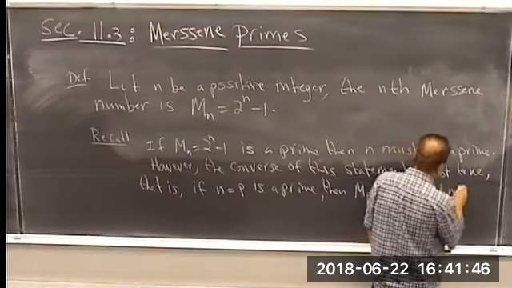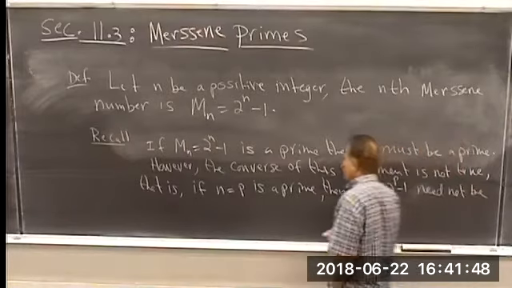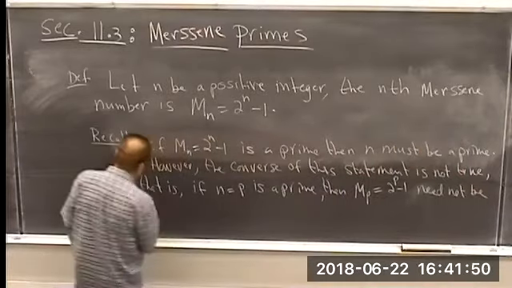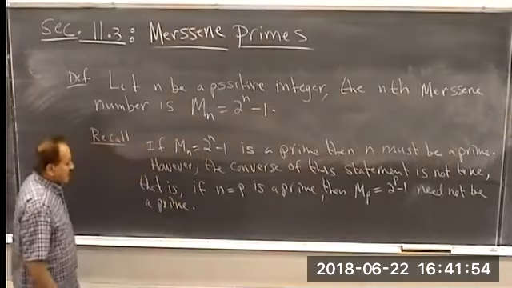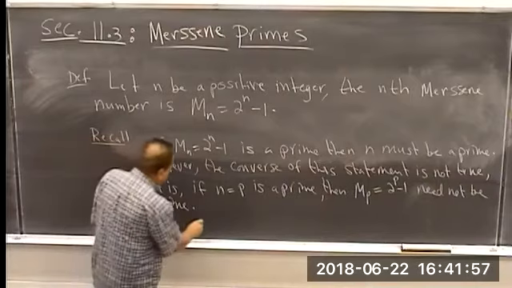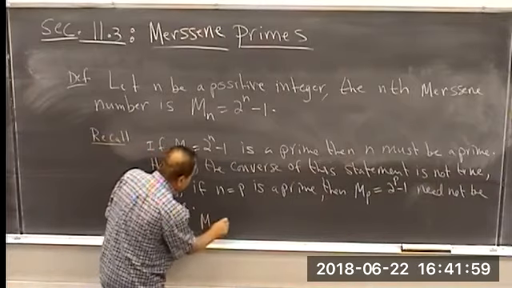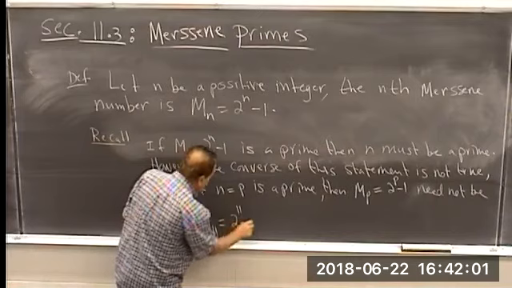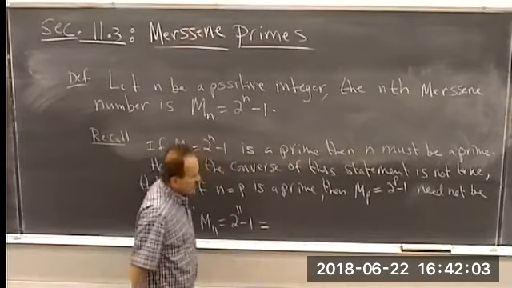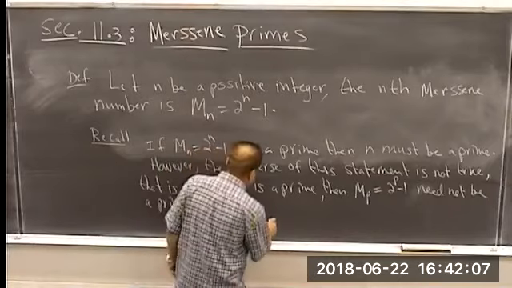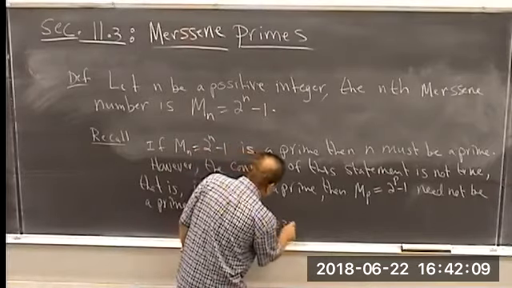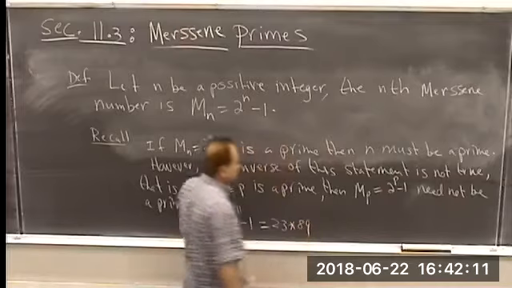For example, if you look at M11, which is equal to 2^11 minus 1, this is composite. Actually, this is the product of 23 multiplied by 89.